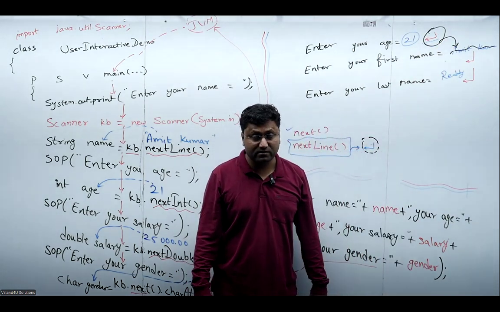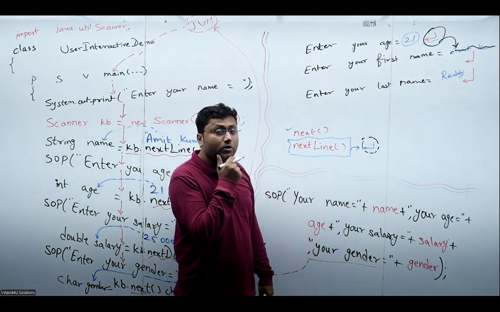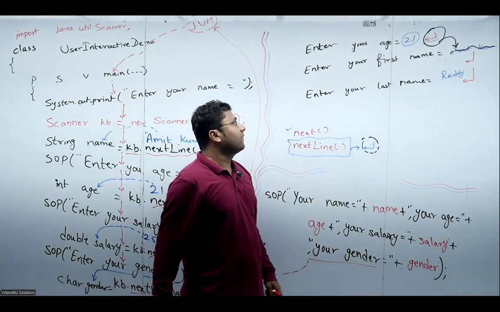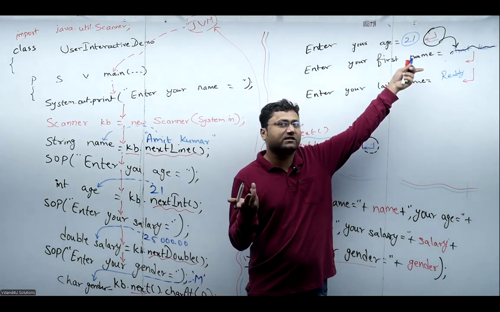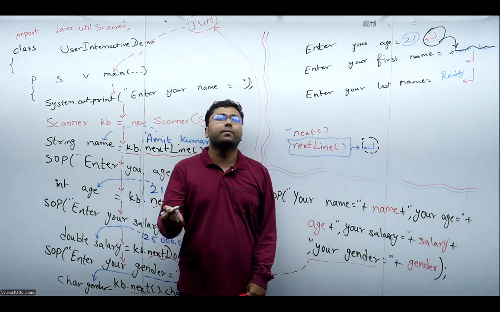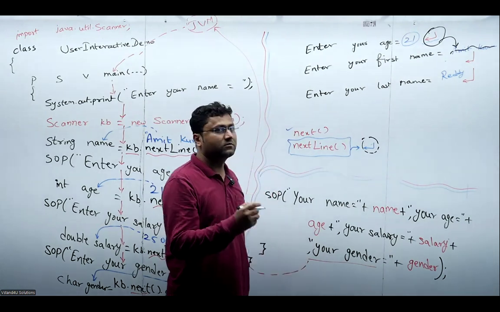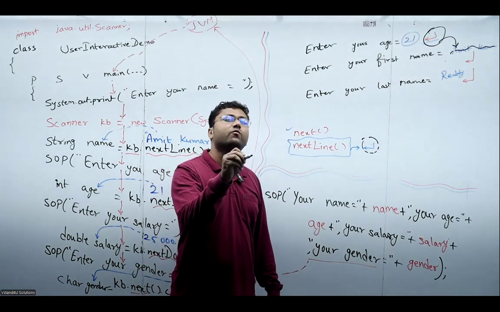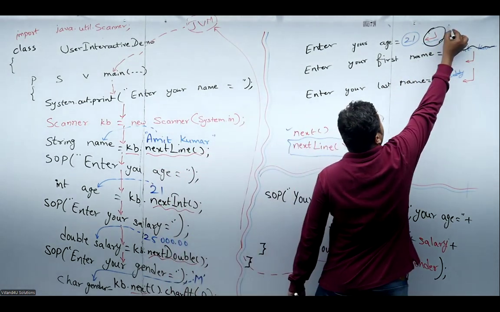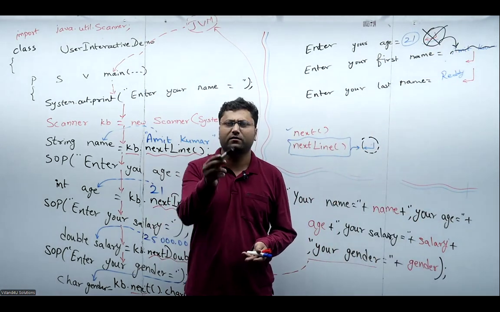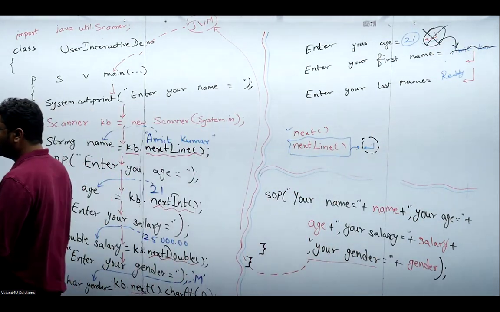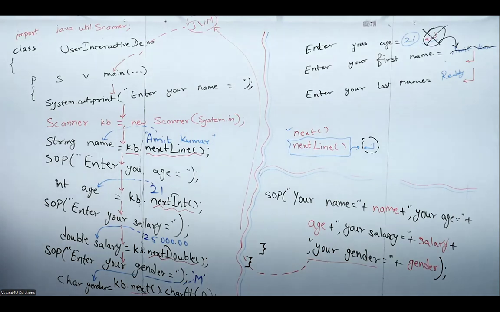Am I making sense? Then sir, what to do? Whenever you are having this issue, which I just showed you, where I was not able to give the first name, in that case you have to call next line once again to discard this enter. Sir, how? I didn't understand. Let me show you. Let's get started. Let me share the screen.